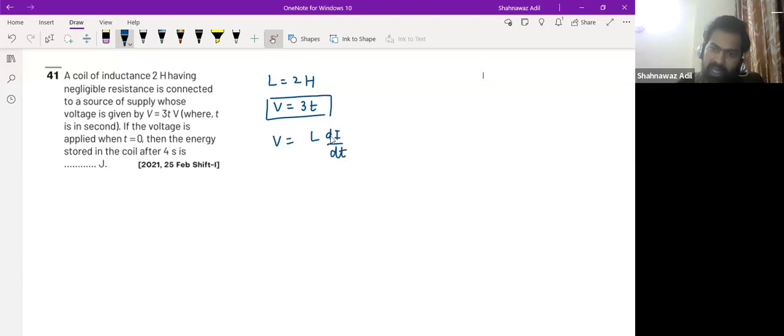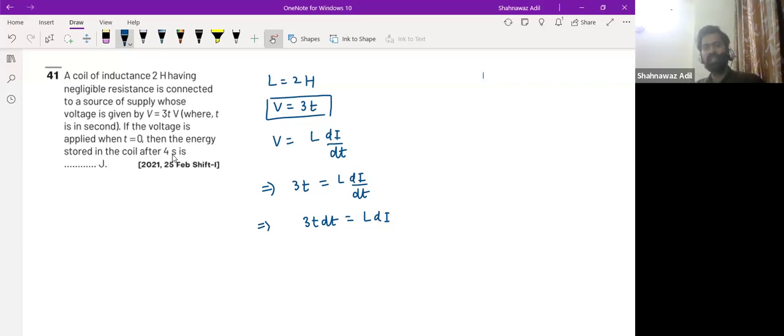Because V is simply 3t, we have 3t = L di by dt, and we can take the dt to the other side, so this is 3t dt = L di. So we can calculate how much current is developed in the inductor from 0 to 4 seconds.